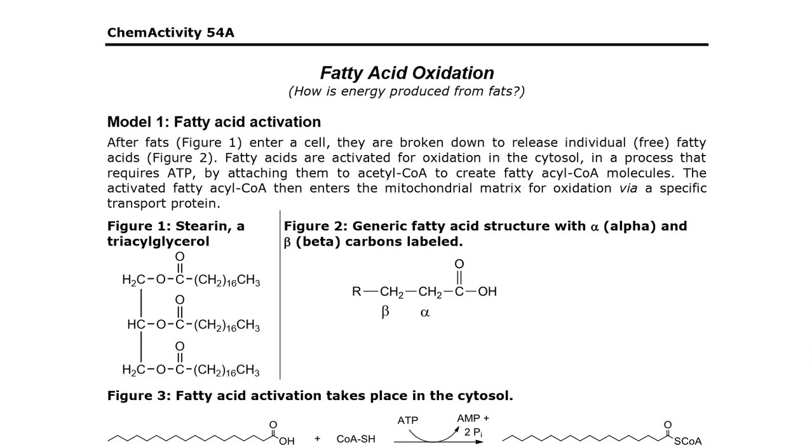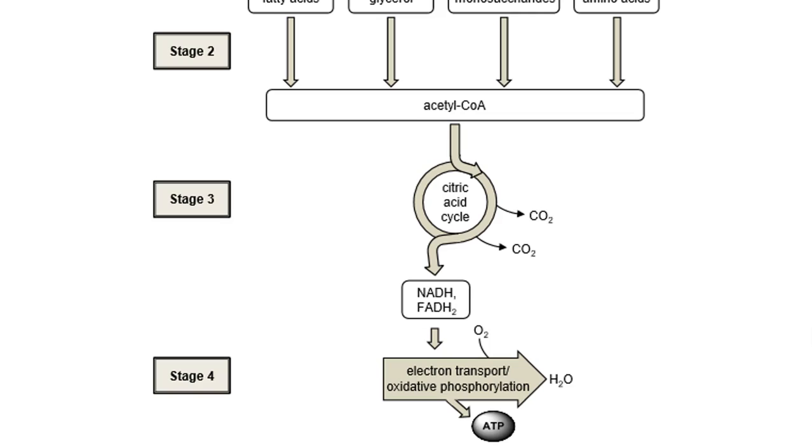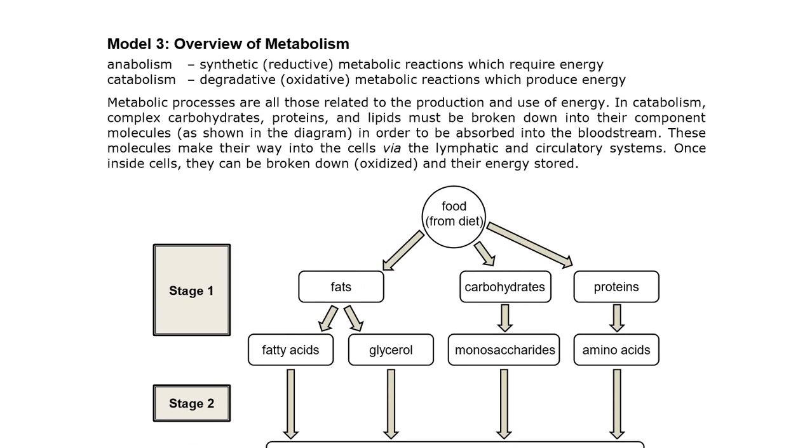So in this course, we are having a brief metabolism unit, and in actuality, we're not looking at any of the anabolic pathways. We're only looking at the catabolic pathways, the degradative or oxidative metabolic reactions which produce energy.